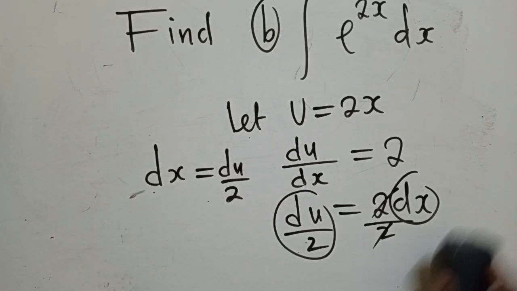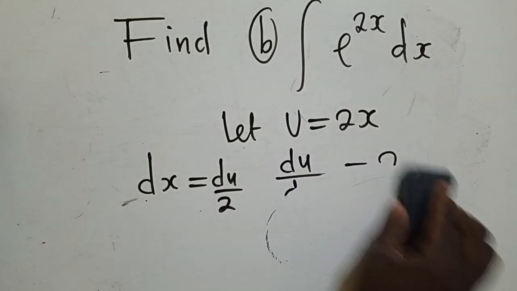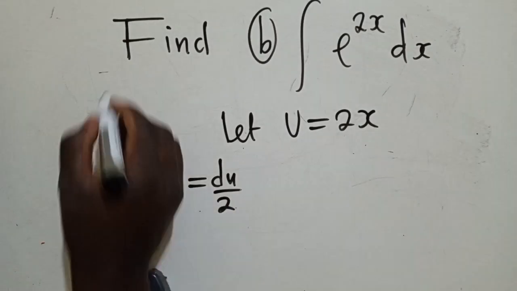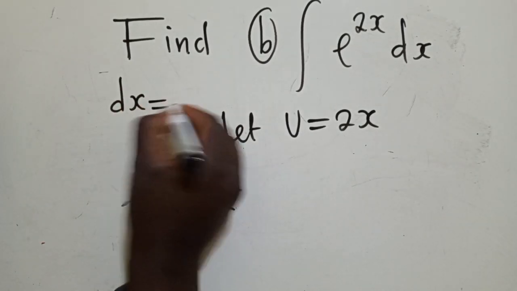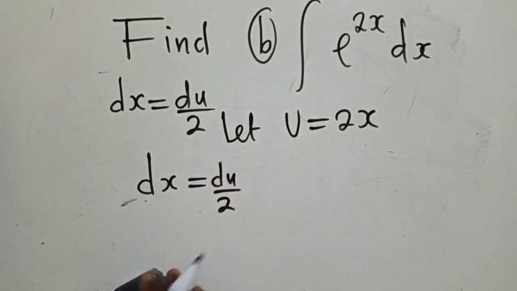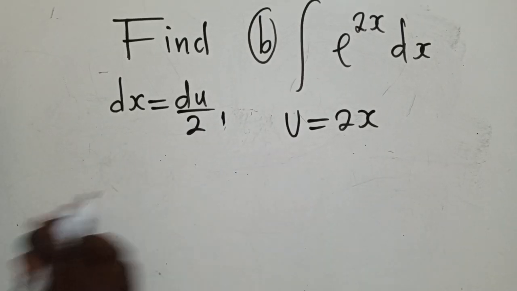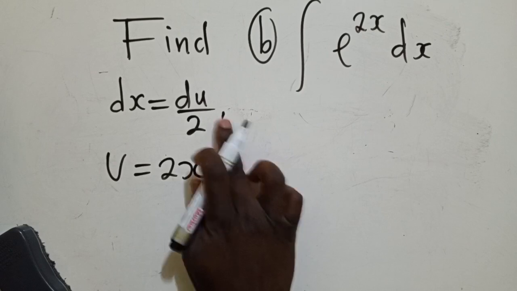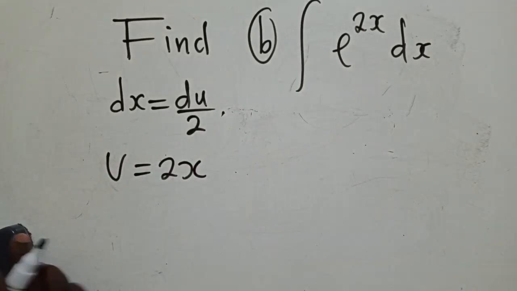So the most important things that we need from this are dx equal to du over 2, and we also need u. u is equal to 2x. These are the things that we need.